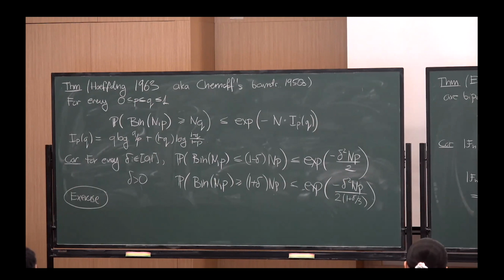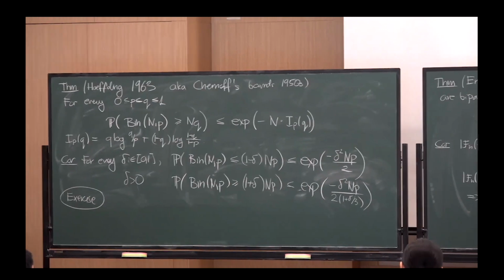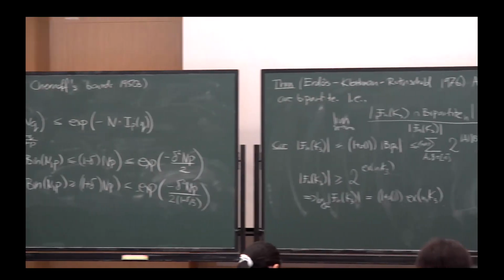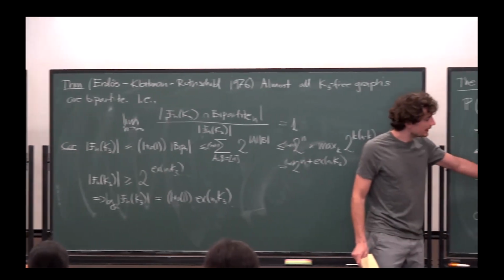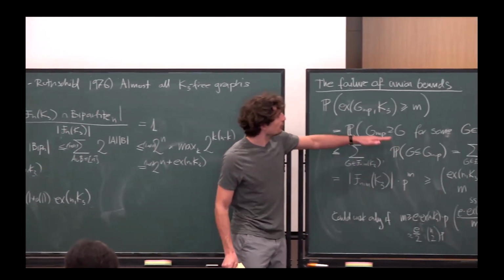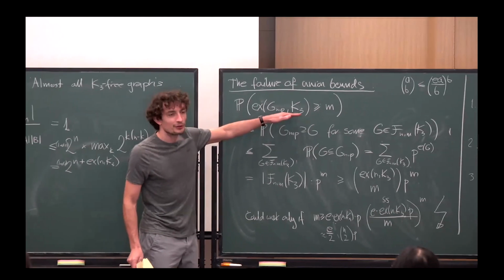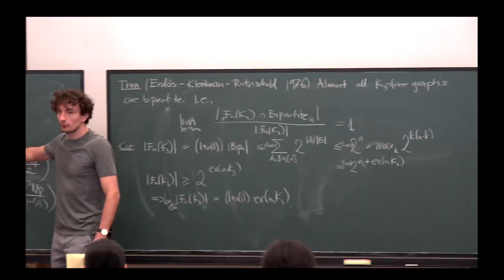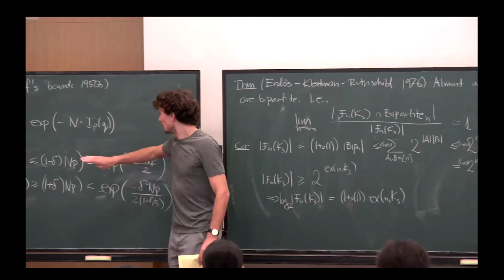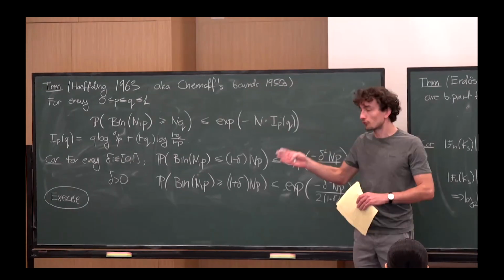one reason we failed here is that we didn't use the right methods to prove the concentration for the number of edges. So now we already know how to prove good bounds on the probability that the G(n,p) will have too many edges or too few edges. So let's try now to use it to our advantage.